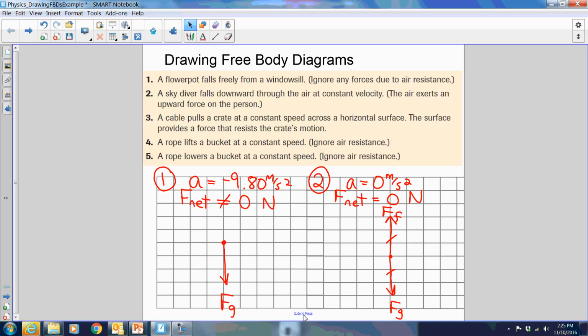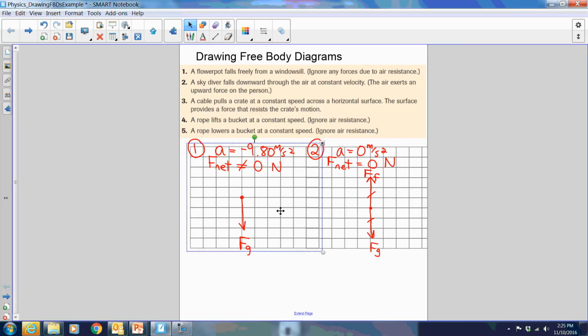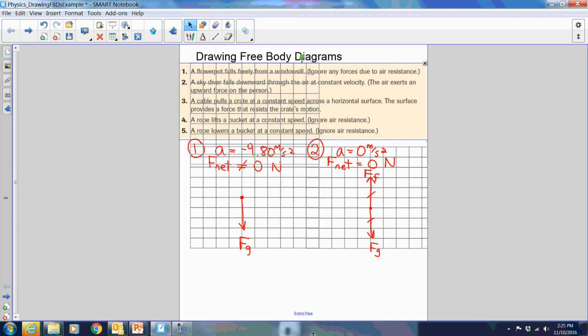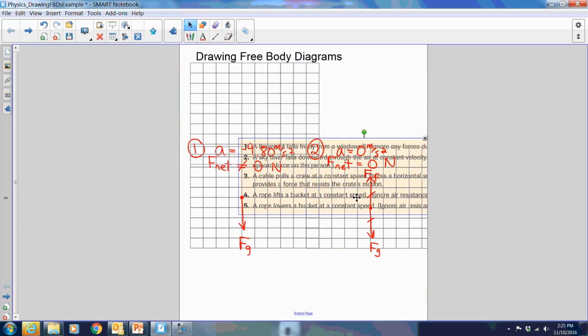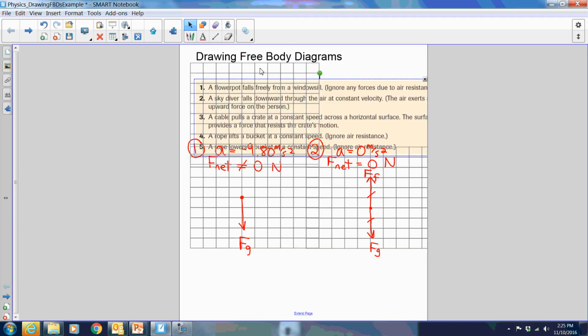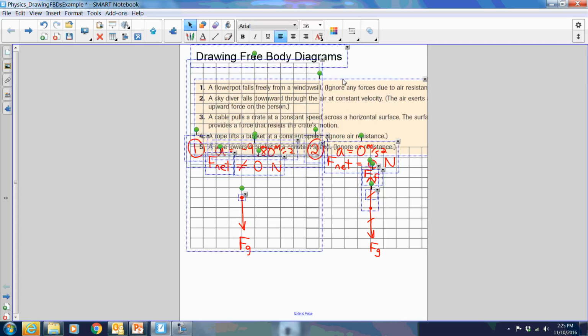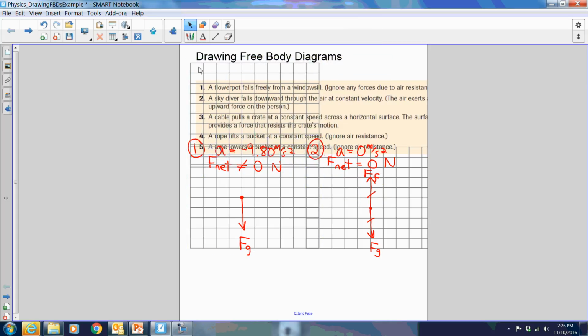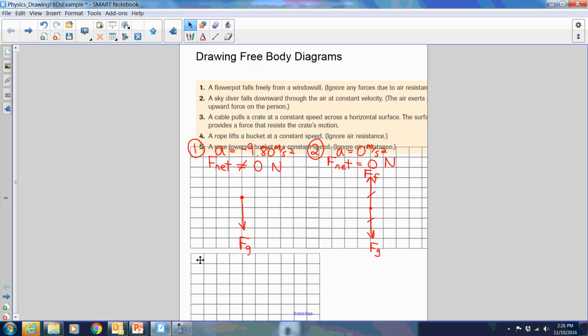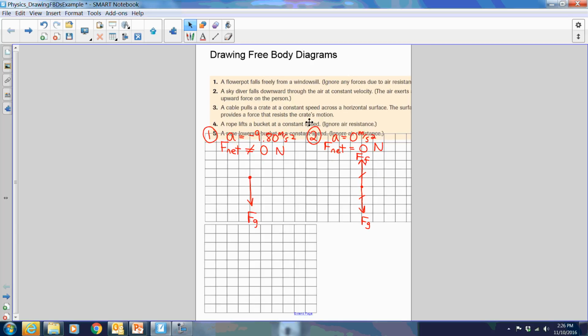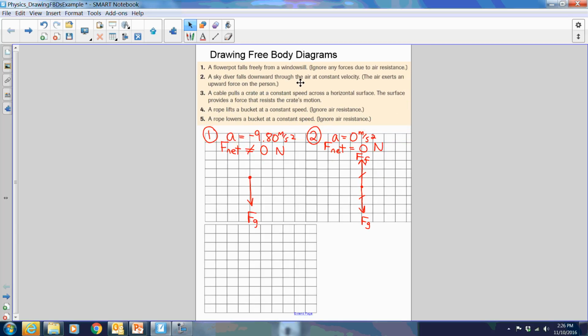Let's do one more. Let's do number 3. And actually I have one on the next page too, so let's bring some graph. Okay, so number 3, a cable pulls a crate at a constant speed across a horizontal surface.